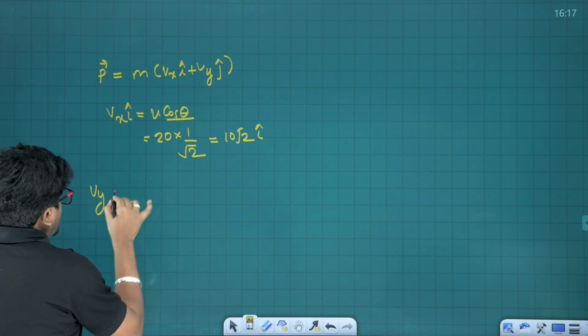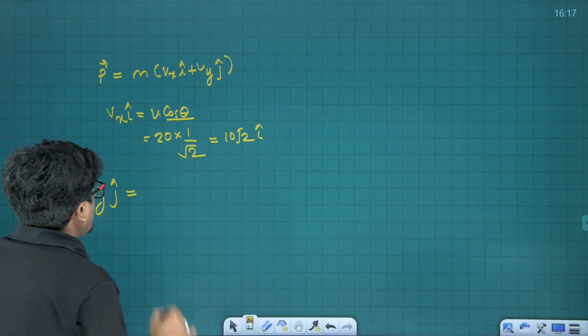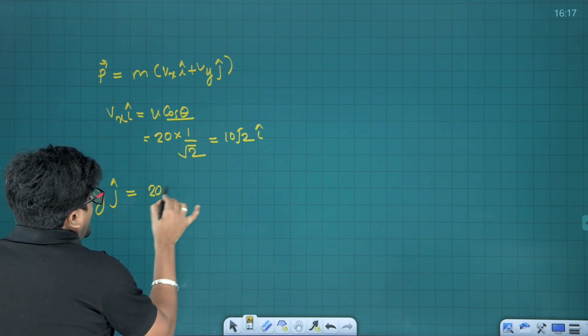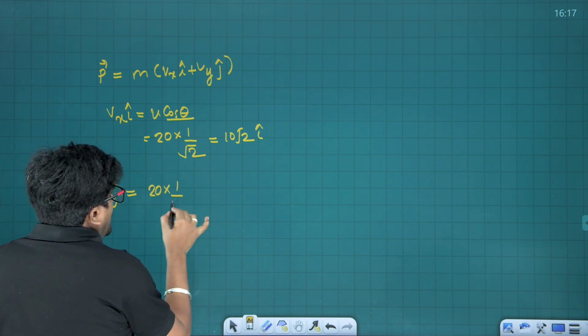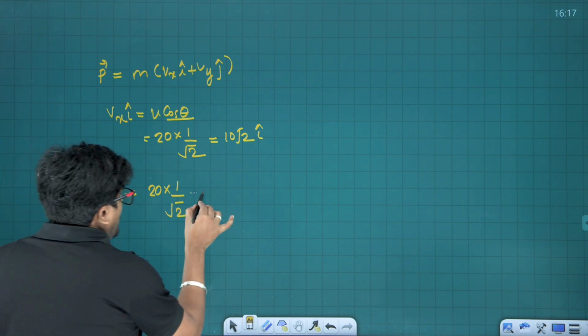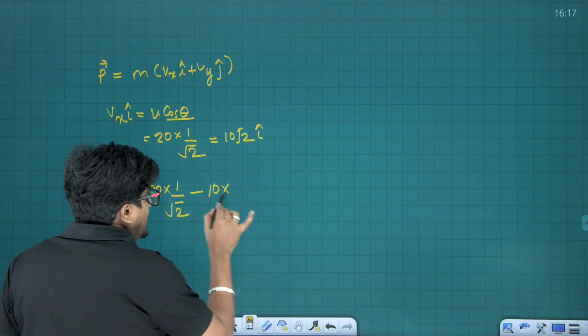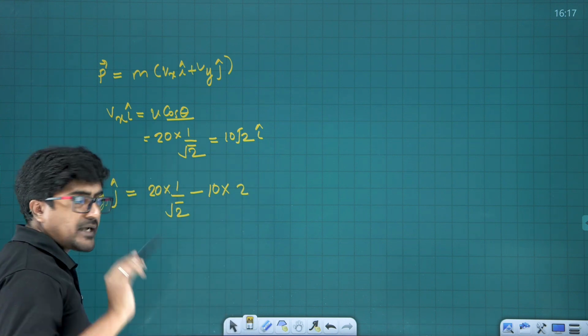Now Vy j cap. Initial velocity is again 20 into 1 by root 2, that is u sin theta. Minus of acceleration due to gravity, which is 10, and time taken is 2 seconds.